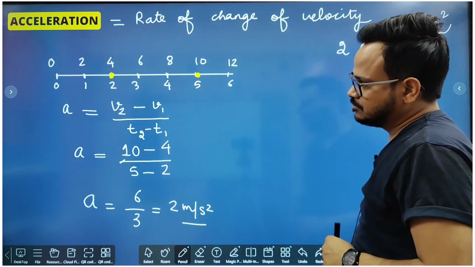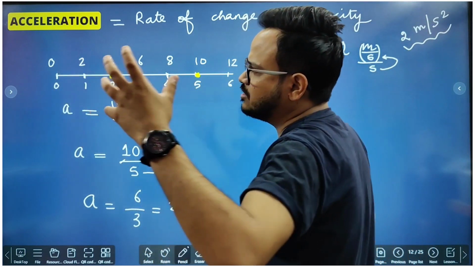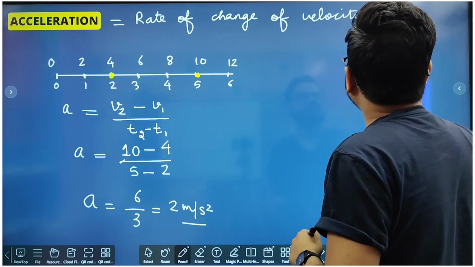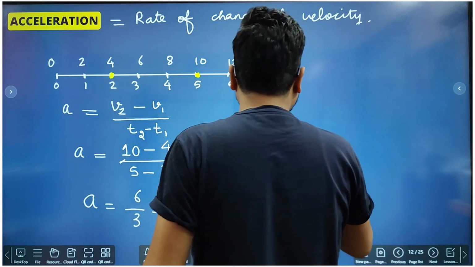And if the rate of change is not uniform, for example, now let's take one more example. Look at this timeline.